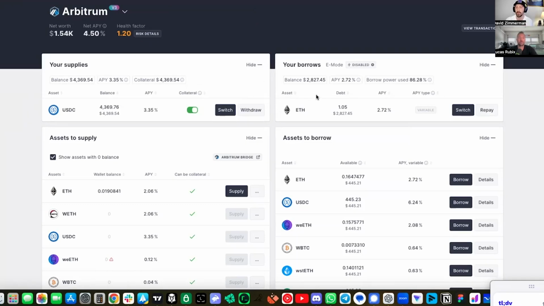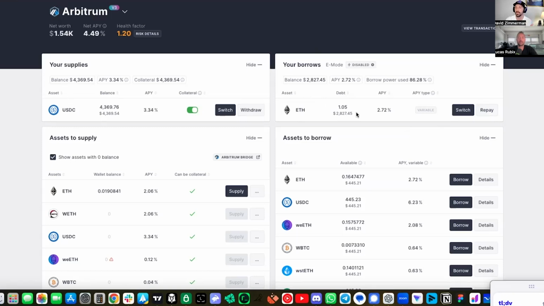Why is this a short position? If ETH is trading for $2,700 and I borrow ETH, and then ETH declines from that $2,700 entry to, let's say, $2,100, well, that difference is my profit. I can repay my loan, or buy back my ETH, for less than what I borrowed it for.